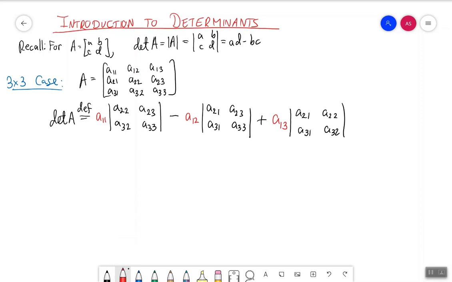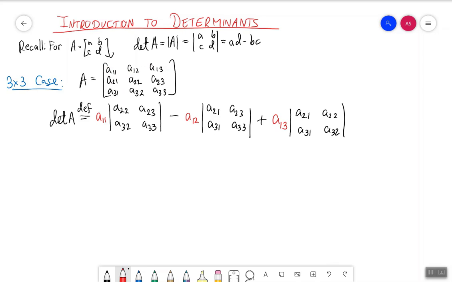To help us better remember what these smaller matrices are, note how we get them. If we're using this starting part here, A11, then we remove, let's put that in red, we remove the row and the column that it's in, and we're left with the matrix A22, A23, A32, A33.